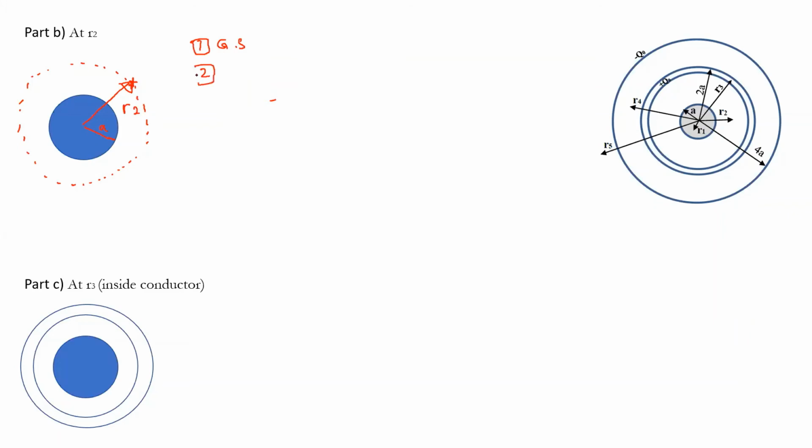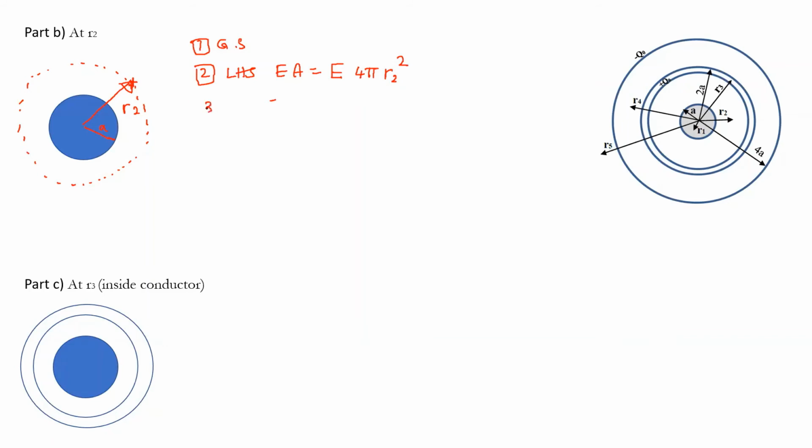Second step. Left hand side. What is the left hand side? EA, right? So we have to figure out what EA is. E is the electric field. A is the area of your Gaussian sphere. So the Gaussian sphere area is 4 pi R2 squared.